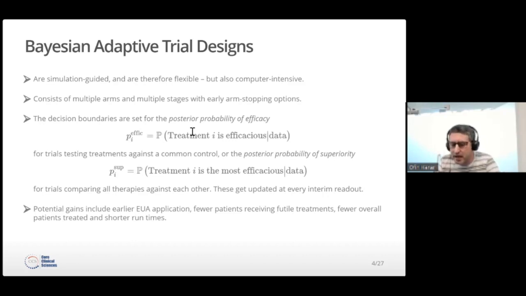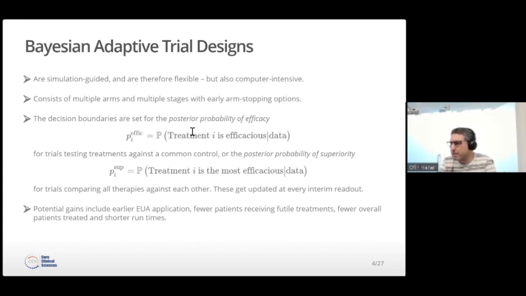If that number is very low, we might stop early and say this particular treatment is a lost cause, no need to recruit any more patients. We call that futility, but it's not futility per se. It just means that in the context of this trial, we won't get a chance to recruit sufficiently many patients to establish efficacy.